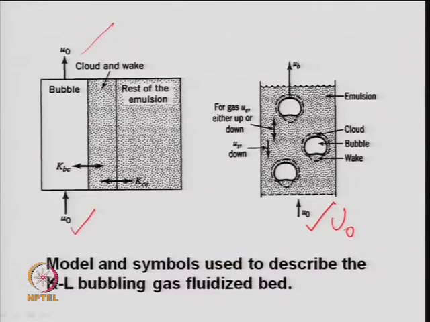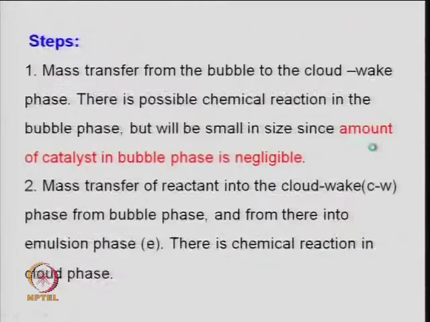So, it is moving up and down. This is your emulsion phase, this is your cloud, here in the bubble, this is the wake, and this is the bubble here. All this terminology has been discussed. So, this is basically the Kunii-Levenspiel bubbling gas fluidized bed model, right.